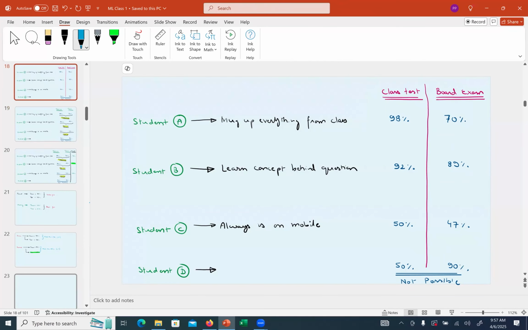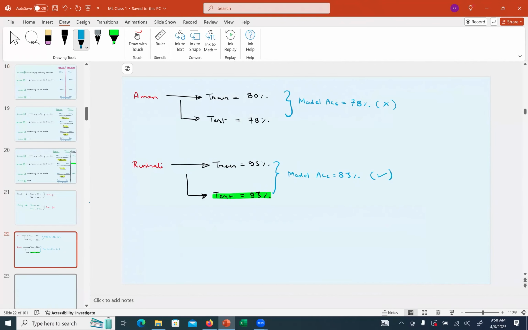Here, why I was choosing student B over student A was because student B, at the end of the day, was performing better in the board exam. That's the main thing. So I will always choose student B over student A in this case. In the example I have just taken, Rushali, although she performed very well in the class test, still performed better in the board exam as compared to Aman.